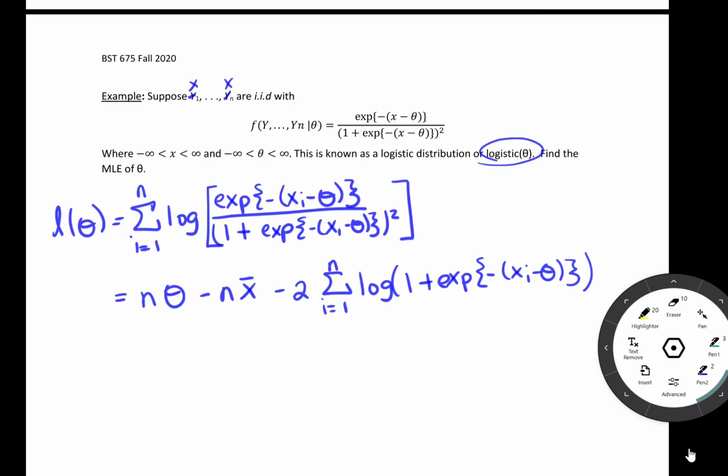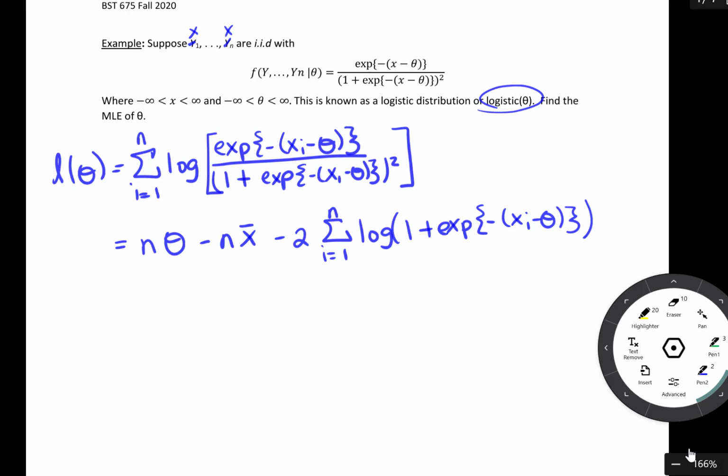Now that we have our log likelihood, the first thing we're going to want to do is take that first derivative with respect to theta.